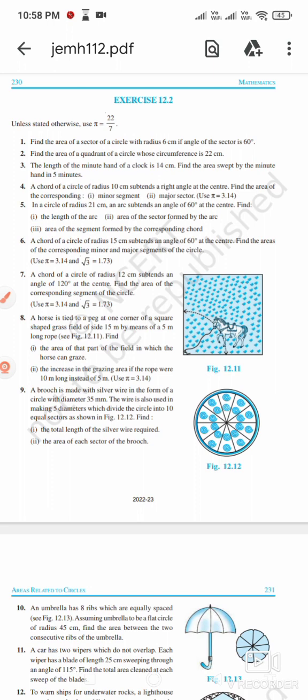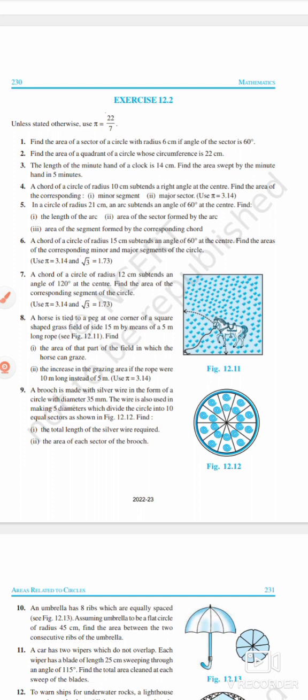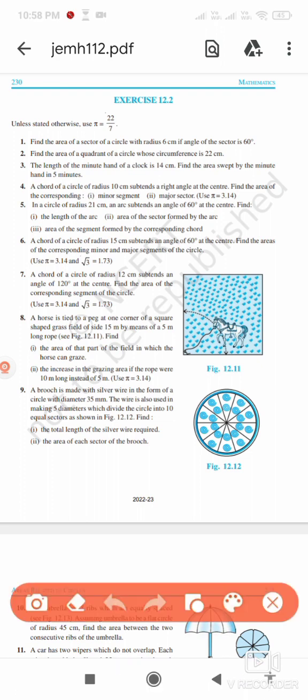Next question. Find the area of a quadrant of a circle whose circumference is 22 centimeter. So what is a quadrant? 1/4. So the area is 1/4. I want to find the area of a quadrant whose circumference is 22 centimeter. If the circumference is 22 centimeter, then I can find r, right?